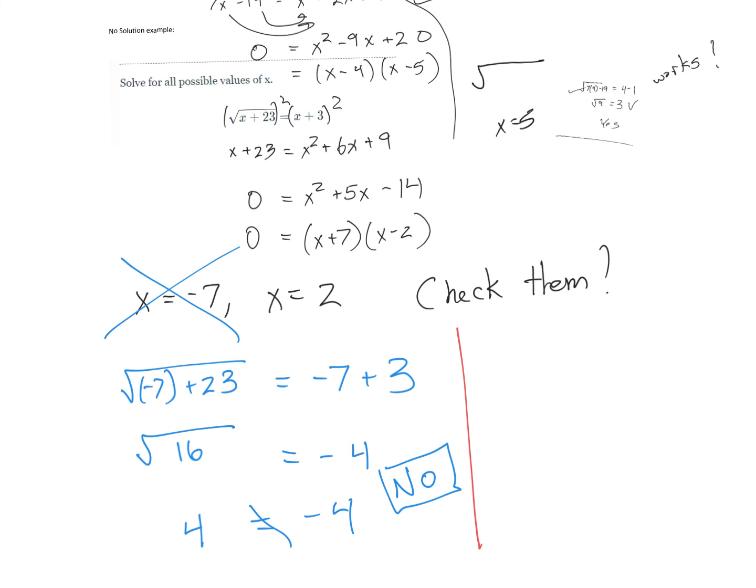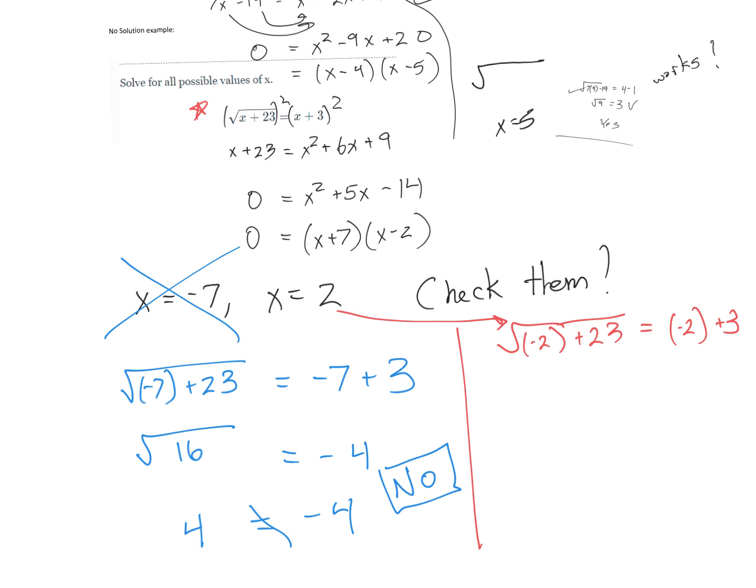Yeah. So let's check this one now. So I'm going to take the original equation, plug in 2. See if we're getting the left side not equal to the right side. They might be the same number, but one of them is going to be negative.